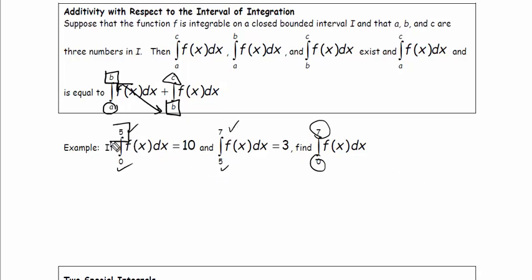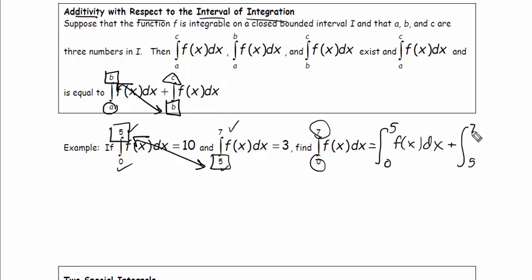And again, if these two numbers are the same, then I can use this additivity with respect to the interval of integration property. So this integral from 0 to 7 of f of x dx will be the integral from 0 to 5 of f of x dx, plus the integral from 5 to 7 of f of x dx.